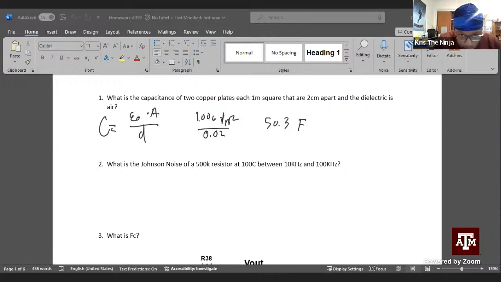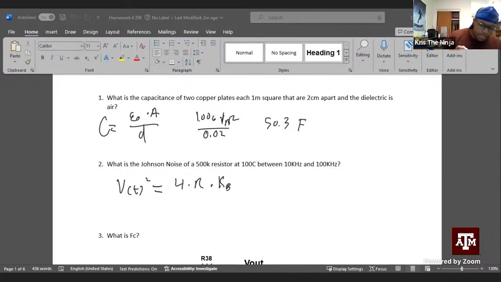Johnson noise, is it squared? I hope it's not squared. We're just gonna say V_n squared equals 4 times the resistance times the Boltzmann constant times the temperature in Kelvin times the bandwidth of the frequency.